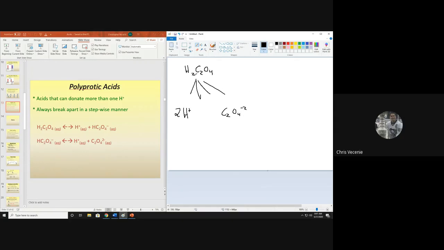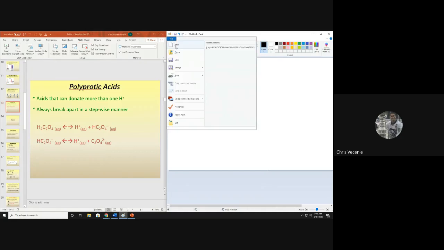Remember, they're donating these hydrogens to water, and they can only do that 1 at a time.